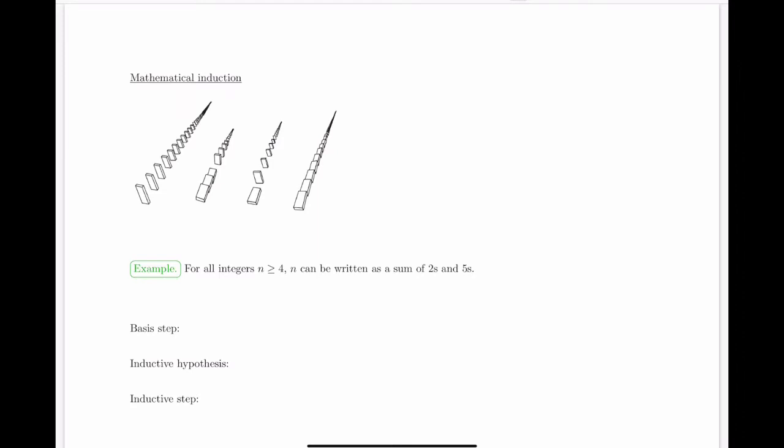So mathematically, let's quantify what those conditions might be. We're going to start by saying that we have some kind of statement, P of n, and it will depend on this value n, for some integer n greater or equal than 1. So all of the induction proofs will essentially work for dominoes that are at least 1. Now, sometimes you will have a different starting value, and that's also going to be important.